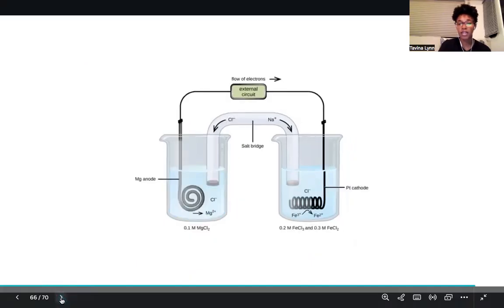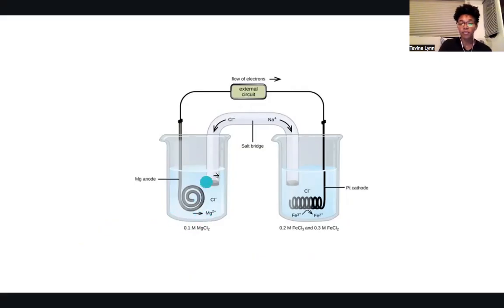Let's look at another, entirely different example. We have a different galvanic cell with magnesium at our anode, so magnesium is being oxidized, and we are reducing iron.